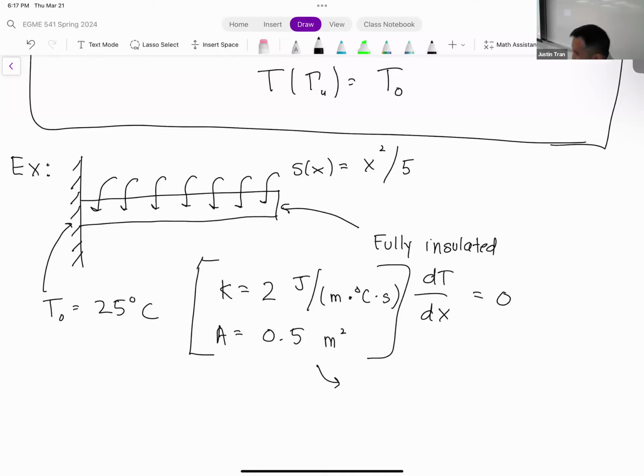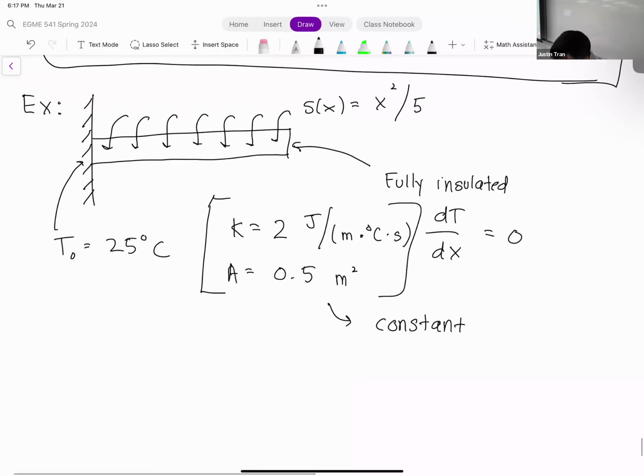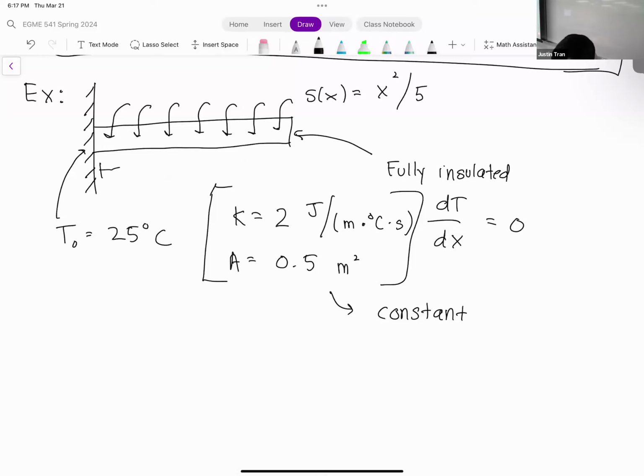The important thing is that these properties are constant, so they don't depend on x. And we also need the length. We'll say that the length of this fin is equal to 5 meters.